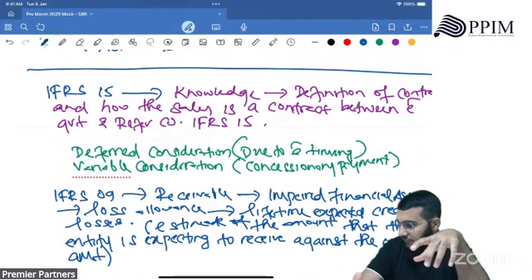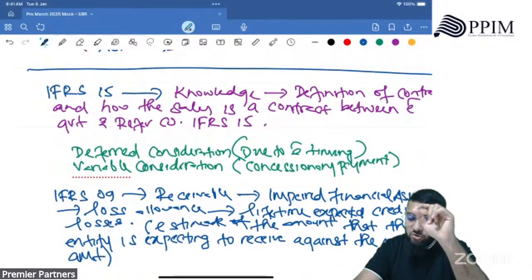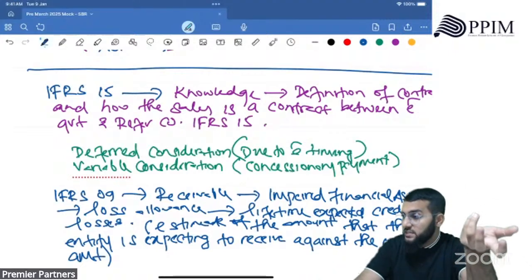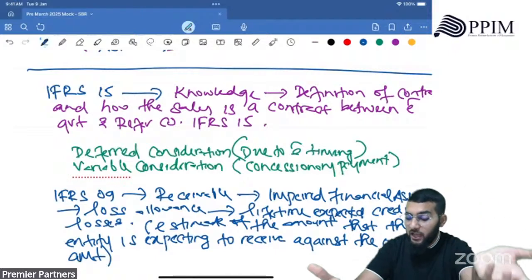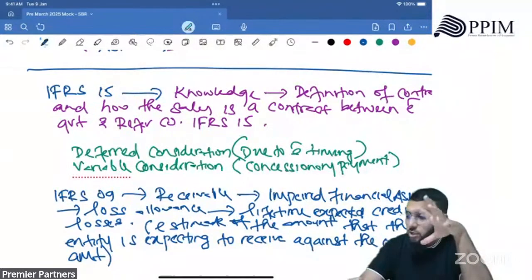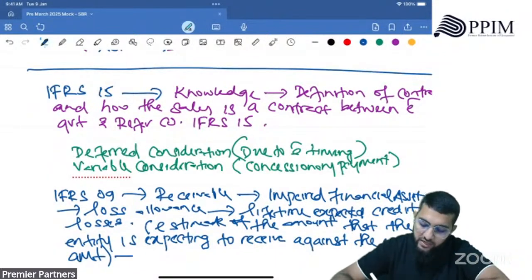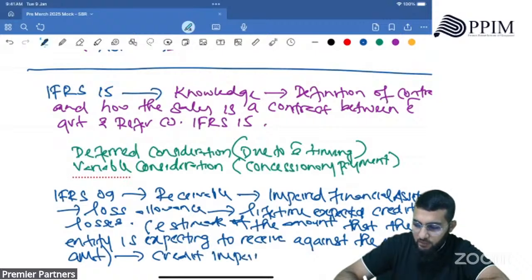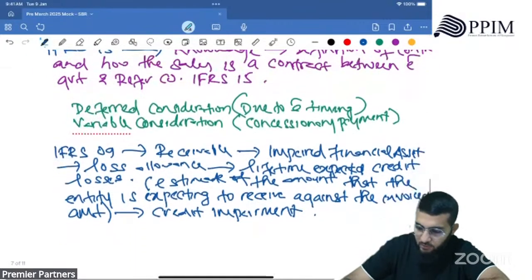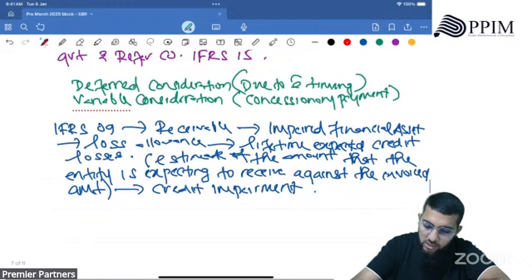You consider the discounting factor and you look at the customer's credit risk, the government's credit risk, based on what sort of government they are, and the credit impairment needs to be done, right? So what would be the calculation?